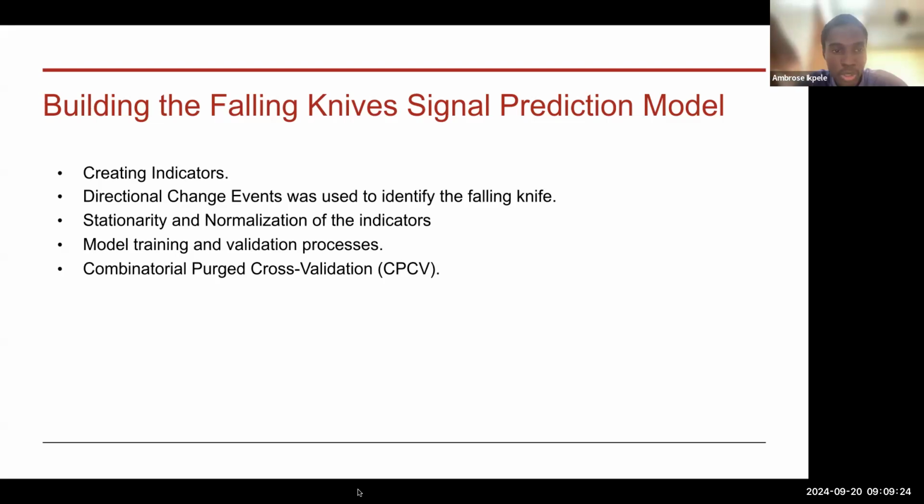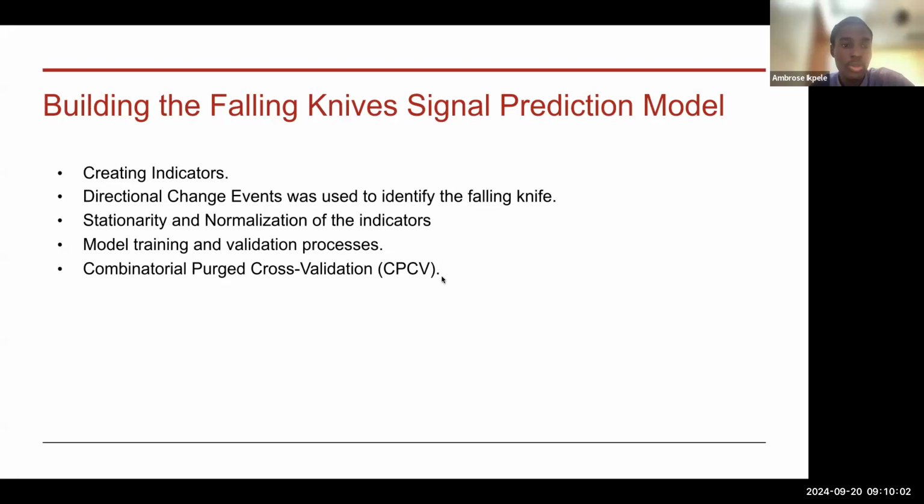So we use the directional change event to label the data. Once there is a reversal, that reversal point can be the end of the falling knife. Then stationarity and normalization of the indicators, to make sure that our data is stationary and also normalized. And then the model training and validation process and combinatorial cross validation. The last step was suggested by Yose, so that was introduced as well.